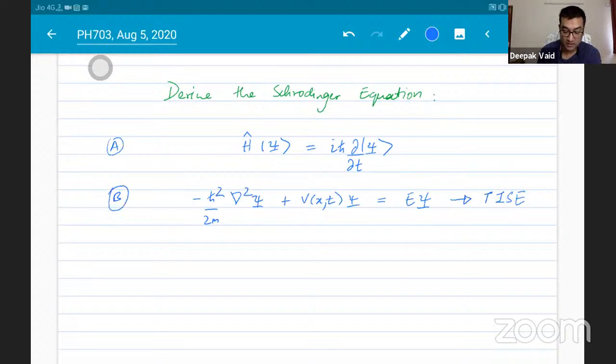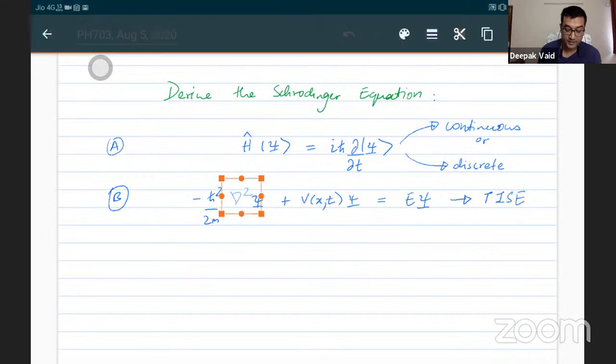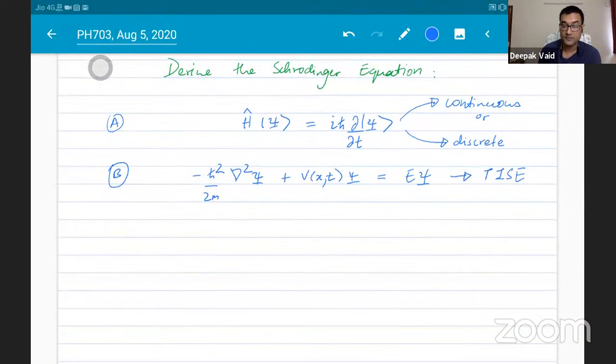It applies to all systems, whether they are continuous or discrete. Whereas B only applies to systems that are continuous. That is because of the presence of this gradient operator, right? The gradient operator means that psi is some function of x, and if psi is a function of x, then it's a continuous system.